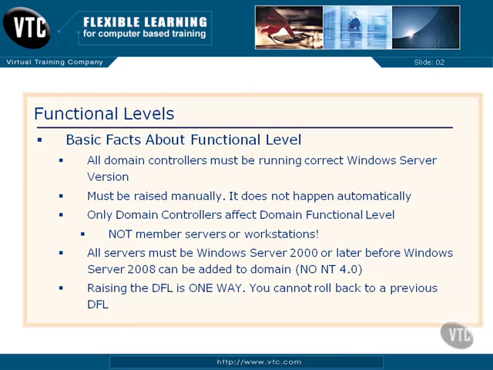You want to make sure that you're not going to have to add some Windows 2000 servers a little bit later on. Nowadays, in our economy, the budget can really dictate, hey, we've got a couple of these old boxes running Windows 2000 Server, let's just stick them in there and save some money. You can't do that if you've already raised the domain functional level.